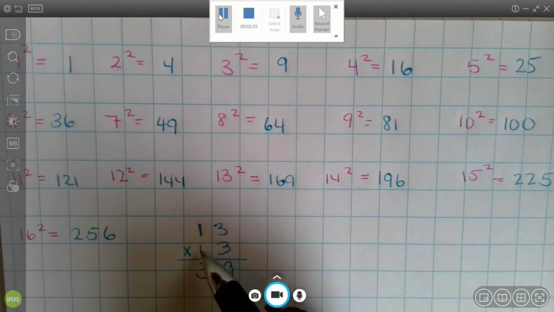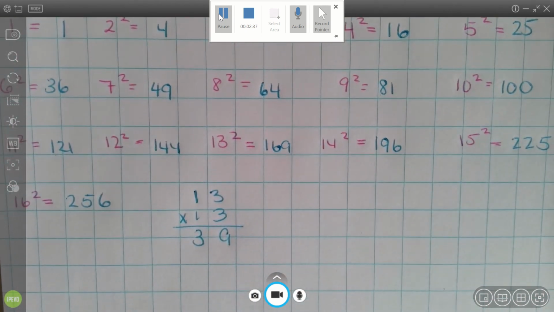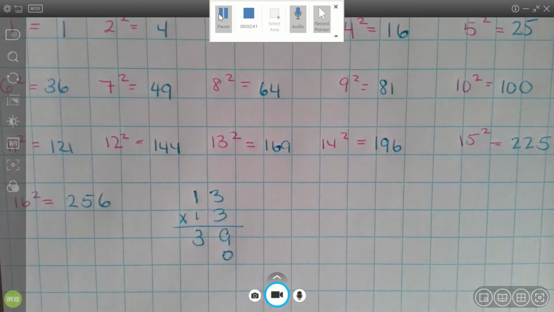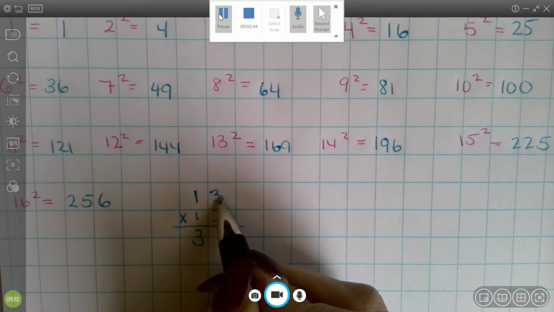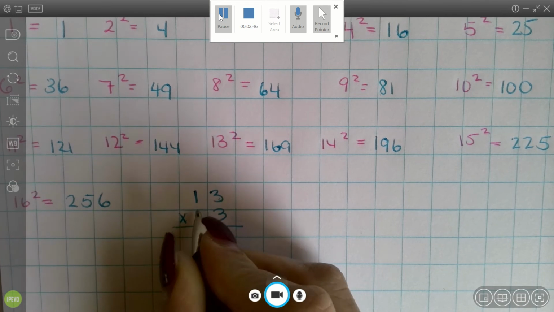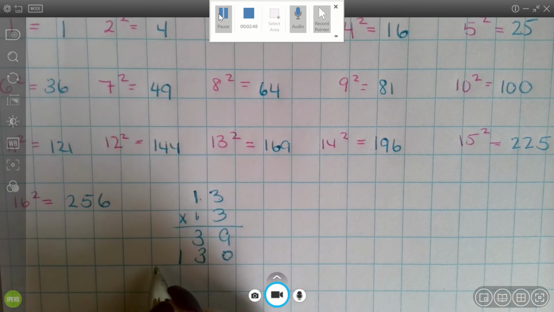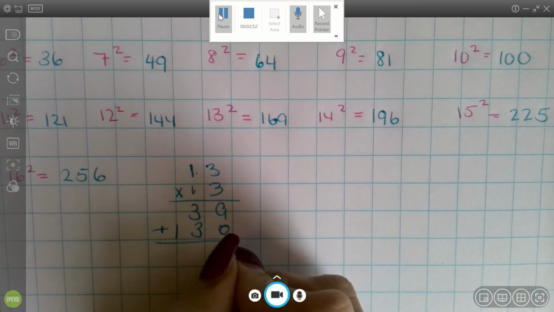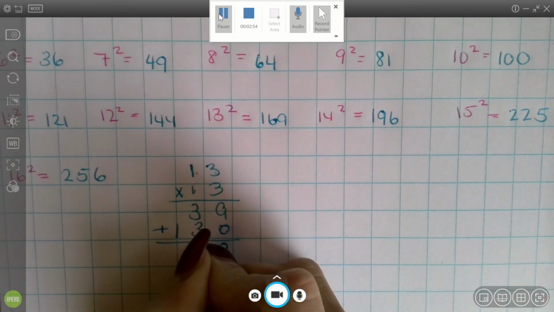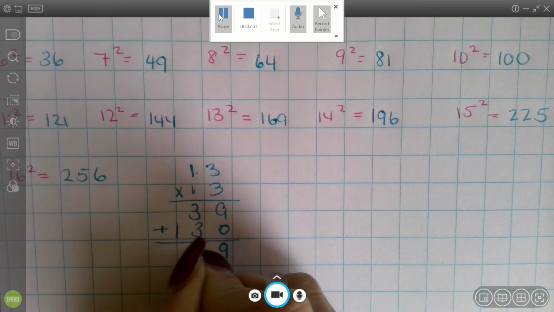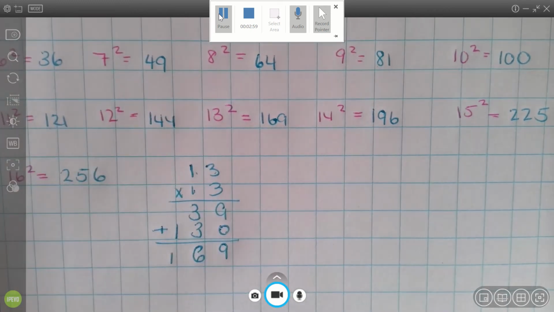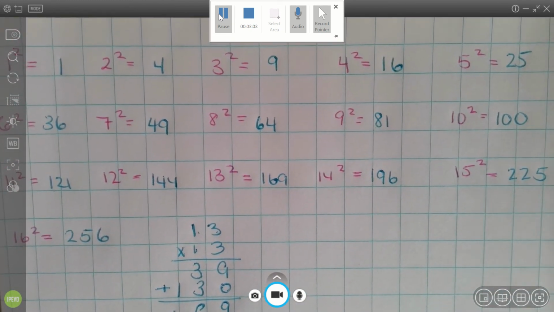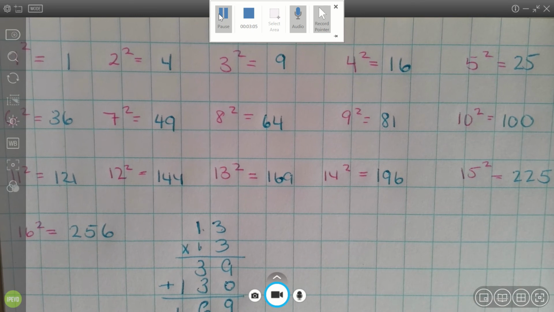And as this one digit is in the tens column, we need to start our multiplication answer in the tens column, so we put a 0 there. 1 times 3 is 3. 1 times 1 is 1. Add our values together, and we get that the product of 13 and 13 is 169. Okay, so we'll be using these because Pythagoras' theorem is going to be using perfect squares.